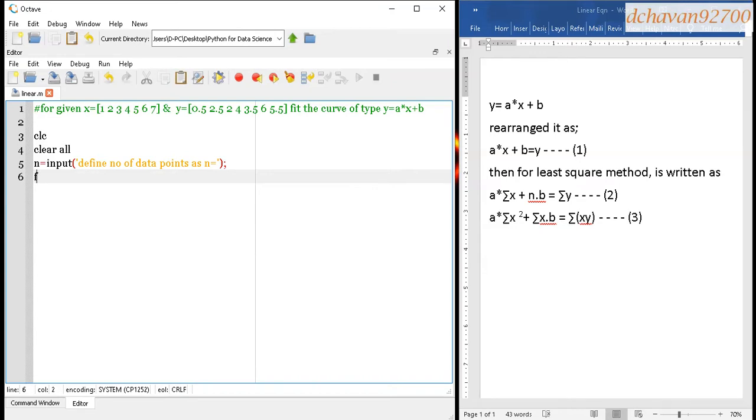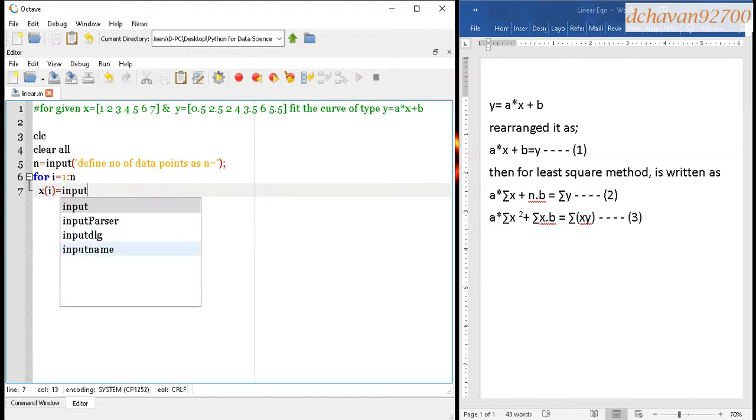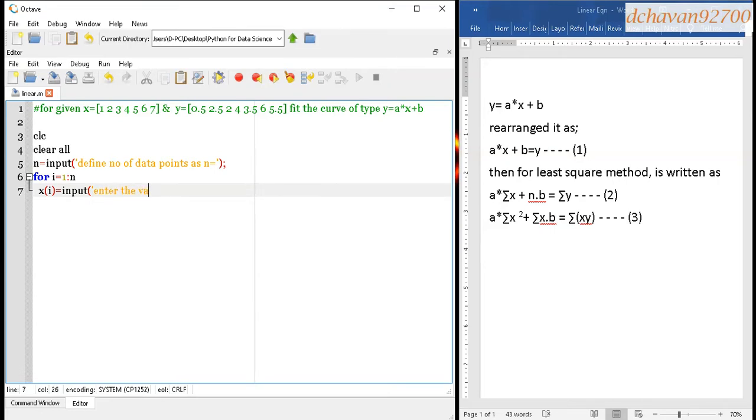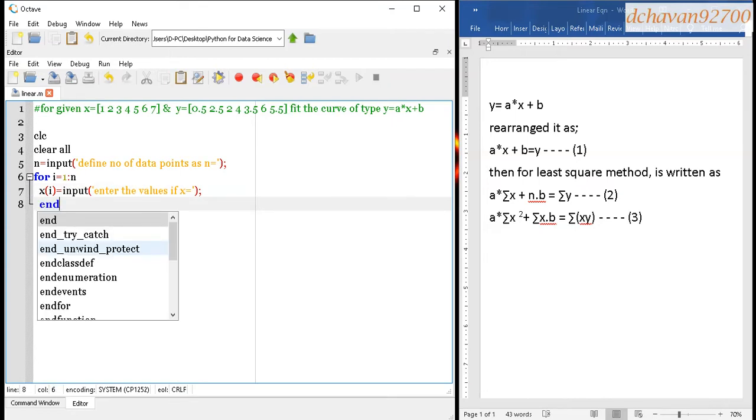For that we use a for loop: for i equals 1 to n, read x of i as a one-dimensional array equals input, enter the value of x, the message complete in inverted commas, and a semicolon. We end the for loop which defines the values of x.